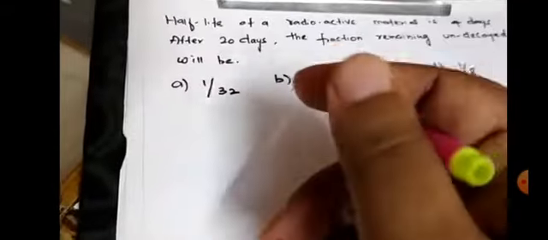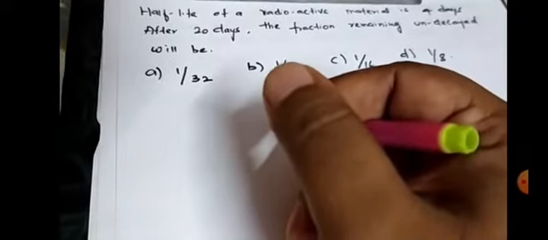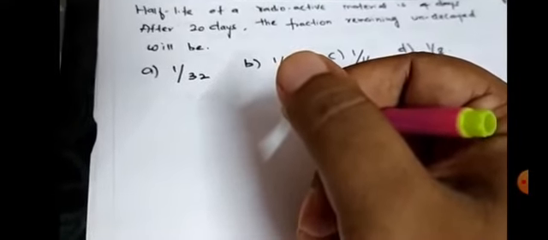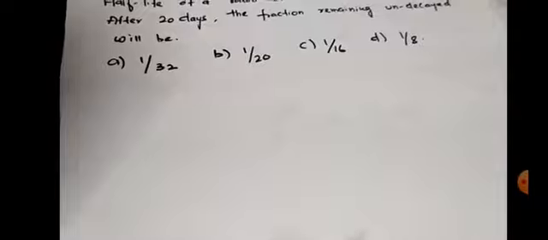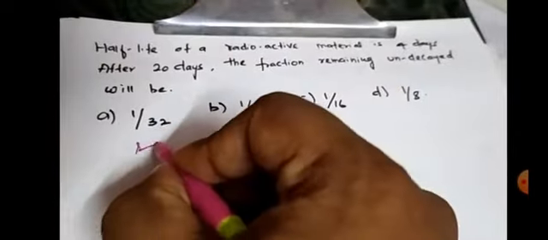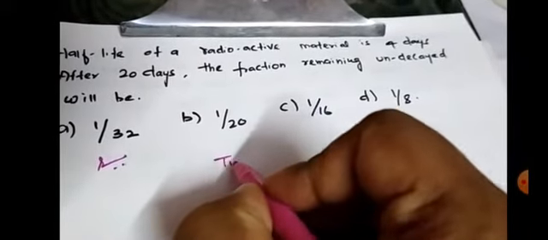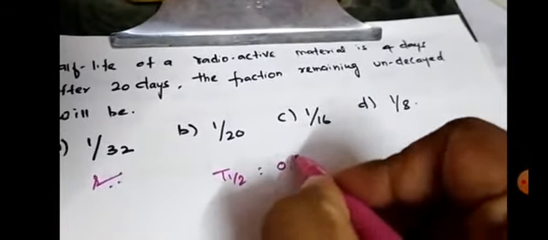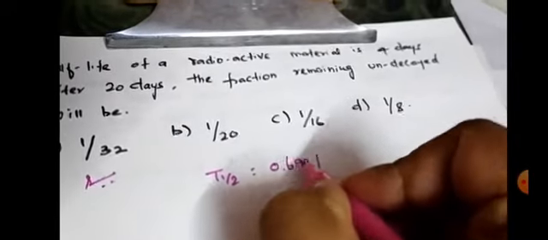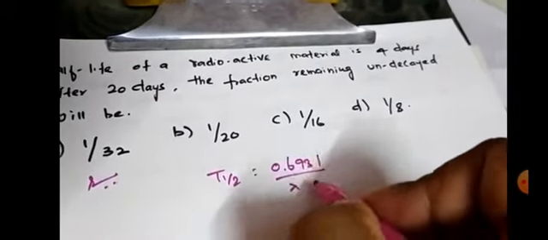The next question which we are going to discuss is: the half-life of a radioactive material is 4 days. After 20 days, the fraction remaining undecayed will be: option A 1 by 32, B 1 by 20, C 1 by 16 and D 1 by 18. So we know the half-life of a material is T half is equal to 0.6931 divided by lambda.